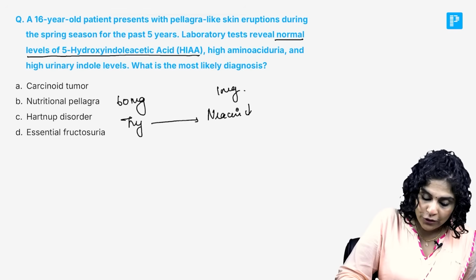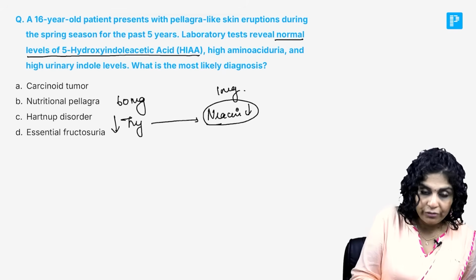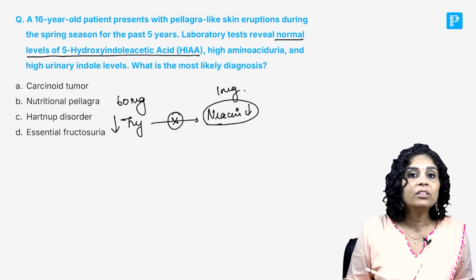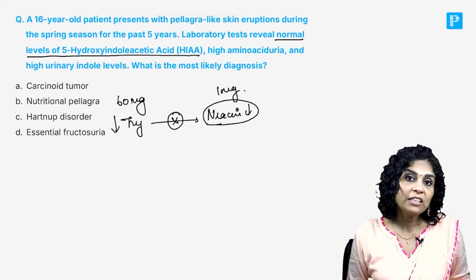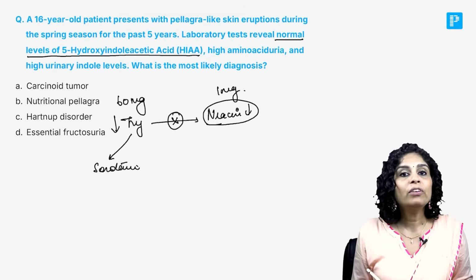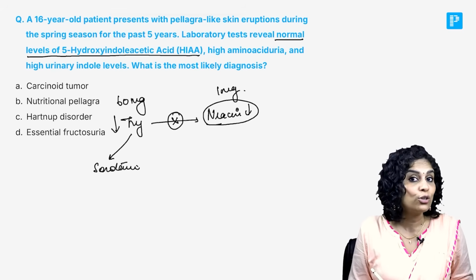So, one of the causes of niacin deficiency or pellagra is tryptophan deficiency, or whenever tryptophan is not getting converted to niacin. When will tryptophan not get converted to niacin? Whenever tryptophan is used for serotonin synthesis. From tryptophan, you do not only get niacin, you also get serotonin.